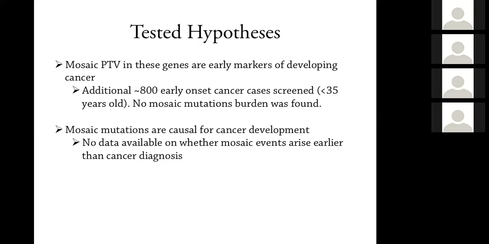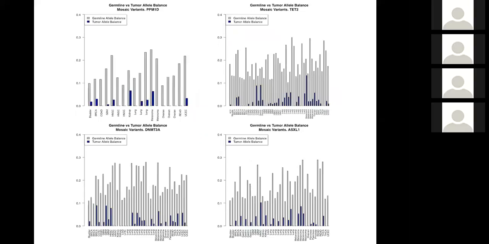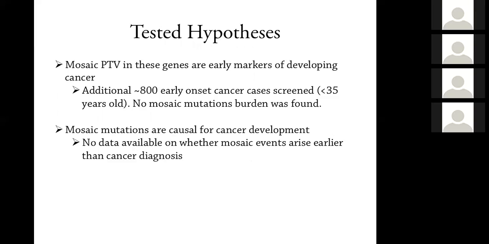Well, it's a very tricky thing to ask for. There's no such cohort. What we tried to do to answer this question, I'm going to cover in a few slides. We tried to look at a large set of the population unascertained for cancer, about 12,000 samples from the Swedish biobank.